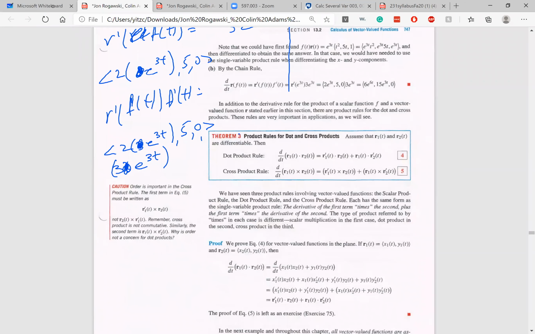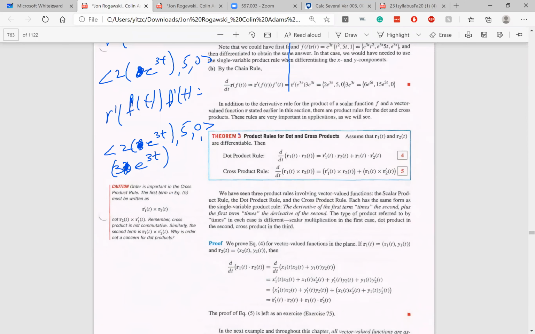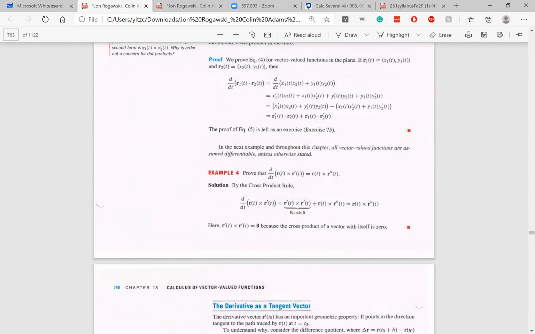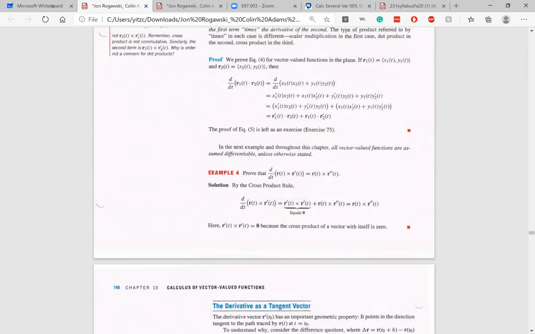So now there is a dot product and a cross product rule, but it's the same as the product rule that we know. So the derivative of two vectors dotted with each other is the derivative of one of them dotted with the other plus the other one dotted with the first, and same thing with the cross product. So they ask us to prove that this thing is equal to this thing.